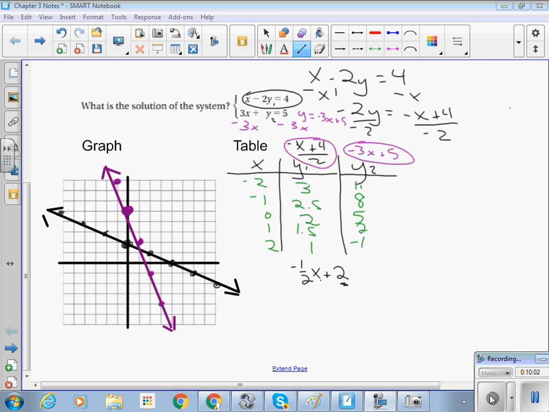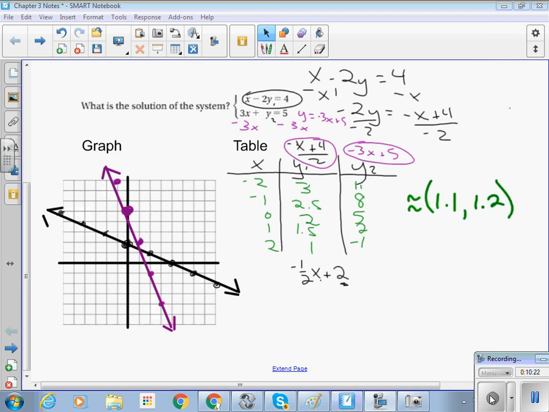In this case, we have to guess that our lines cross at about 1.1 and 1.2 from the graph. And you have to be okay letting that go when it is one of those non-integer answers. We have to be okay using our best estimation.